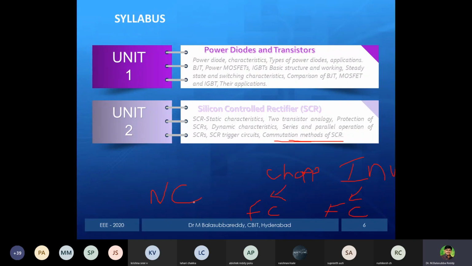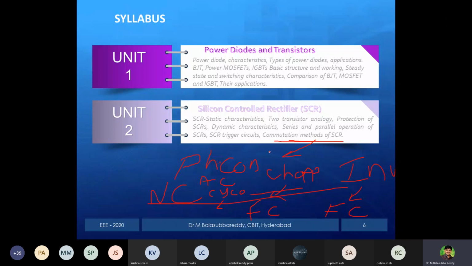So these are the different types of commutation circuits we need to use in the different controllers. The phase control rectifier uses natural commutation. The AC voltage controller also uses natural commutation. Then the cycloconverter except step up, that you remember.